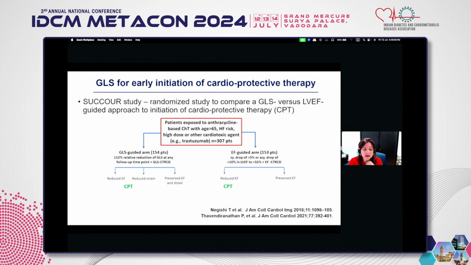And this is why now in modern trials on chemotherapy, cardioprotective therapy is actually suggested and based on the changes in these parameters. So this is, for example, the SUCOR study, where you can see that the design considered this measurement for decision making.